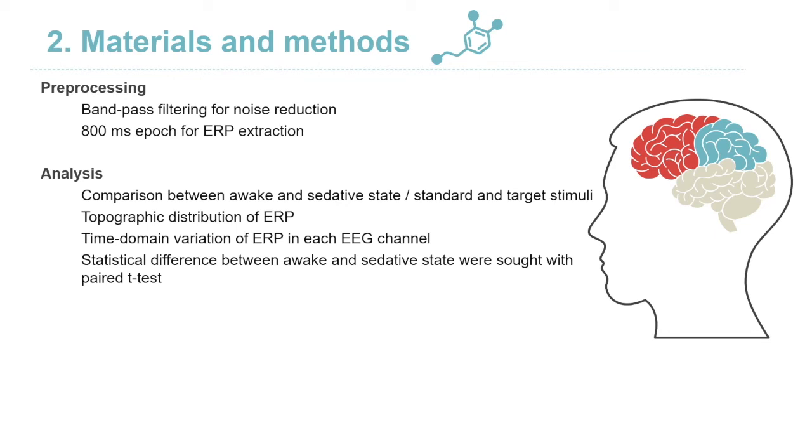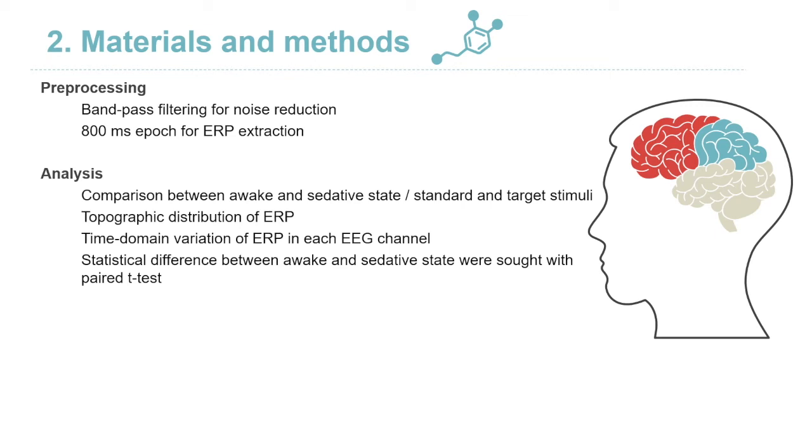Each channel ratio which had statistical significance at all moments was plotted using the topoplot function in EEGLAB. The maximum and minimum EEG voltages between 250 and 500 milliseconds from the stimulus onset were obtained as the P300 peaks of each channel.